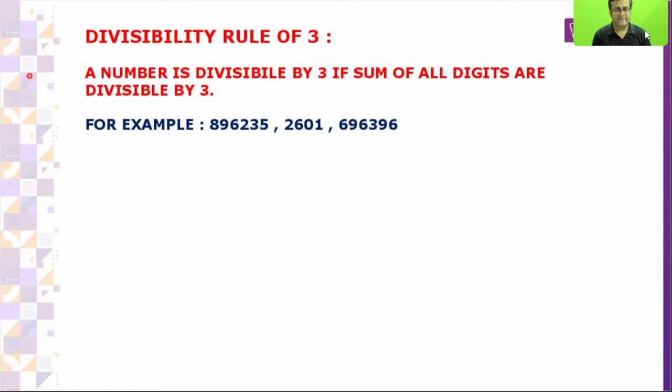Now come to the divisibility rule of 3. It means the sum of all digits must be divisible by 3. Now in this example, 896235, is this number divisible by 3 or not?